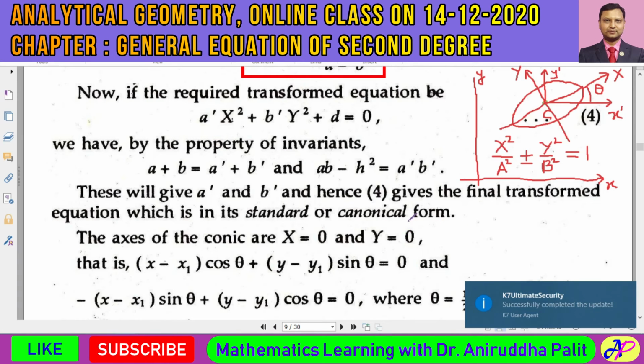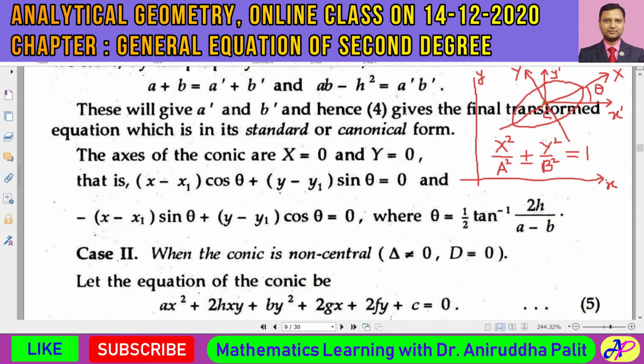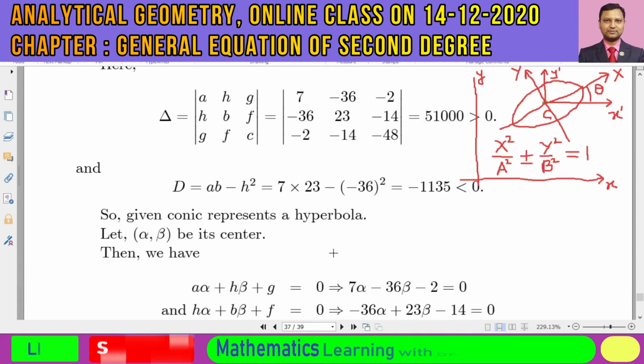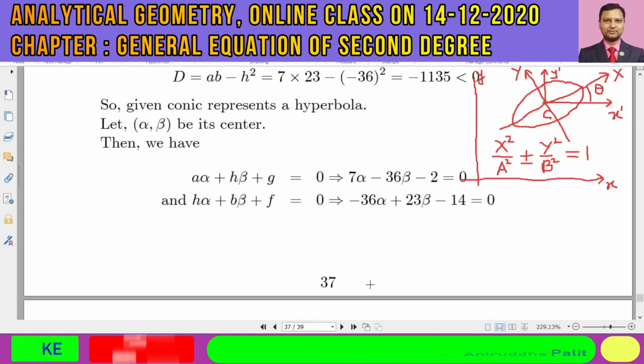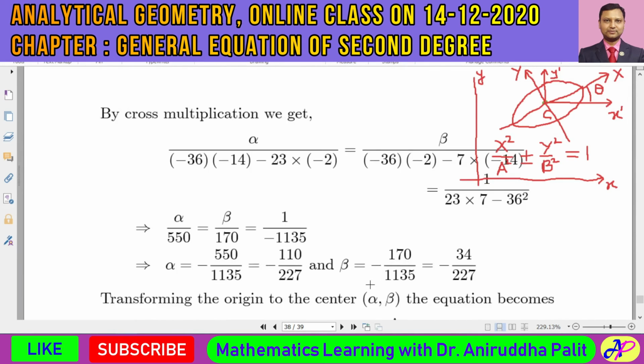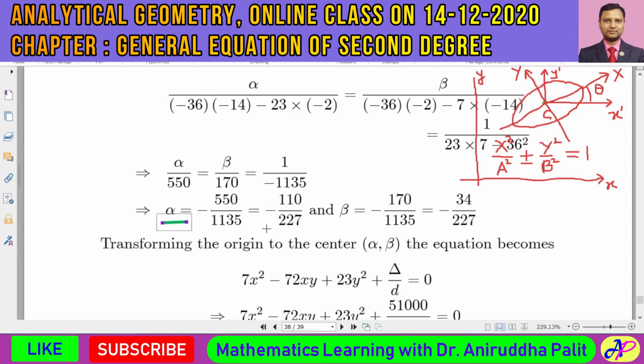So we have these two equations, and we compute the expressions of alpha and beta. So in this way we got the expression of alpha. This is the value of alpha, minus 110 divided by 227, and this is the value of beta, minus 34 by 227. So it is easy to compute by the help of calculator.